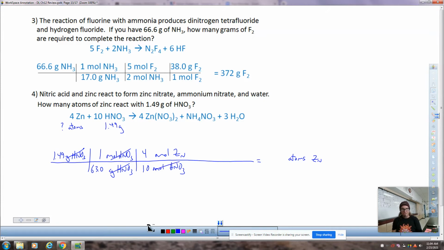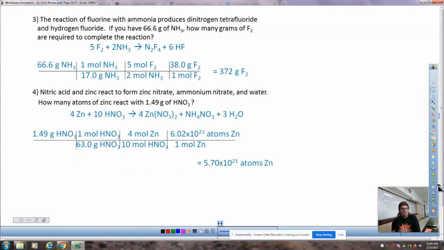Now that we're in moles of zinc, we're going to get out of moles of zinc and head towards the answer unit, which is atoms of zinc. 1 mole, Avogadro's number, 6.02 times 10 to the 23rd atoms. Moles cancel out moles. We now have the right answer units, and now it's our calculator's job to help us out. My calculator said 5.7 times 10 to the 21st atoms of zinc.